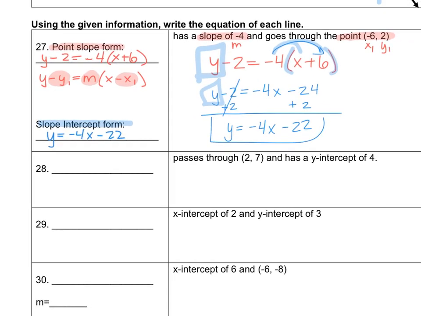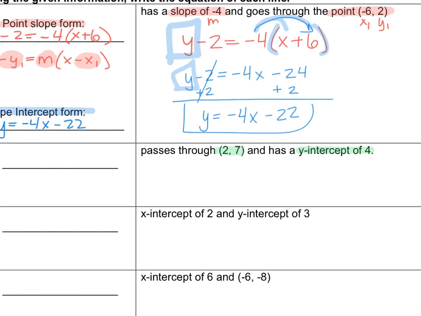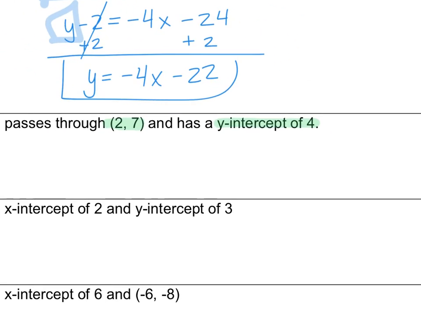All right, with number 8, we're looking at passing through the point (-2, 7) and has a y-intercept of 4. So with this one, it's 2 points in disguise. We have to keep remembering that your y-intercept is also a point.